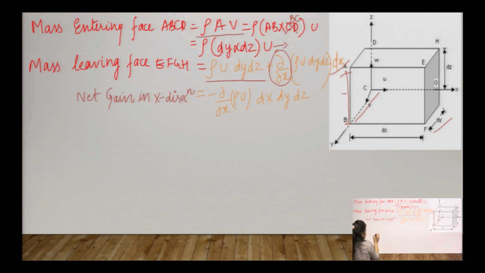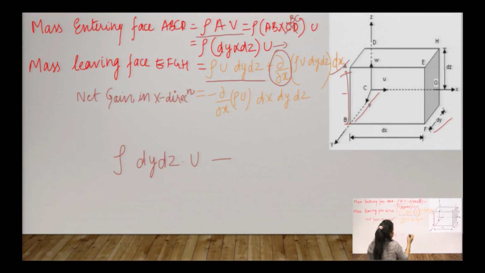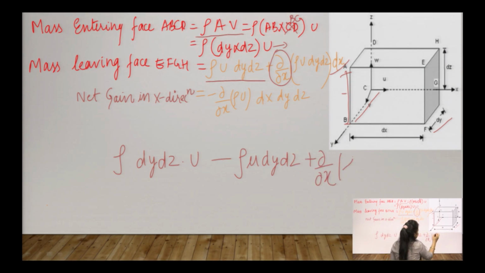Let me write it down, it will be more clear to you. rho u dy dz minus of this entire section, rho u dy dz, this was the entered value, and there will be a change after travelling a distance of dx.